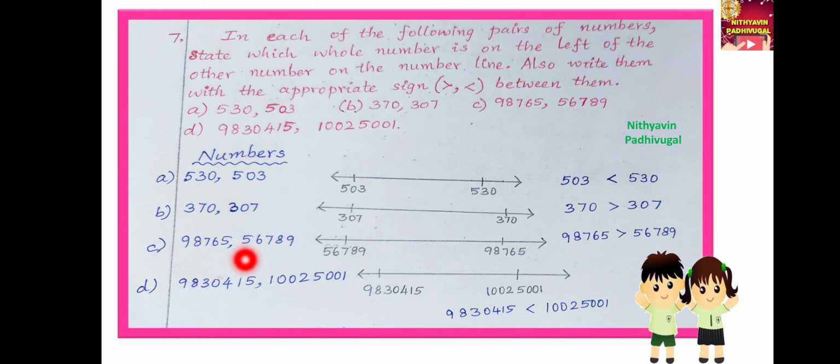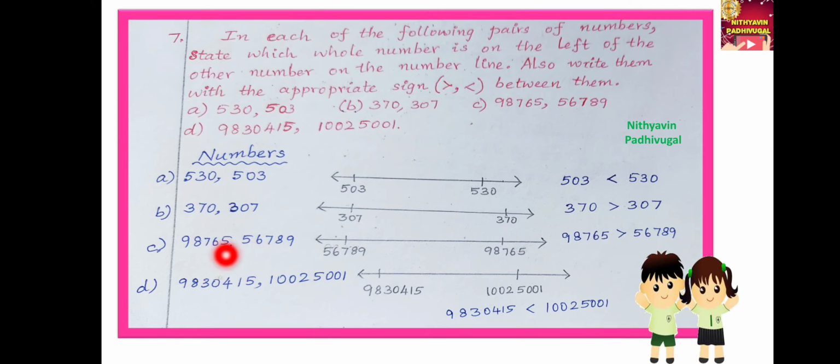98,765 and 56,789. See, both the numbers are 5-digit numbers. Already we had 3-digit numbers with digits in hundreds place same. But here digits in 10,000 place are not the same.